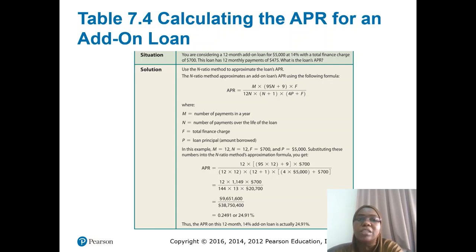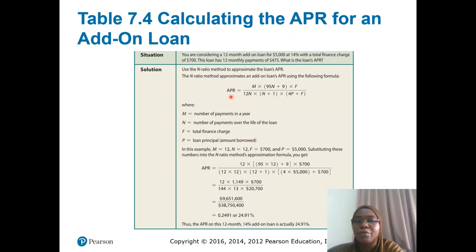Calculating the APR for an add-on loan. This is the formula where N is the number of payments in a year, and N is the number of payments over the life of the loan. All right, that's the duration for the loan payment. F is the total finance charge, while P is the principal, or the amount that you actually borrowed.